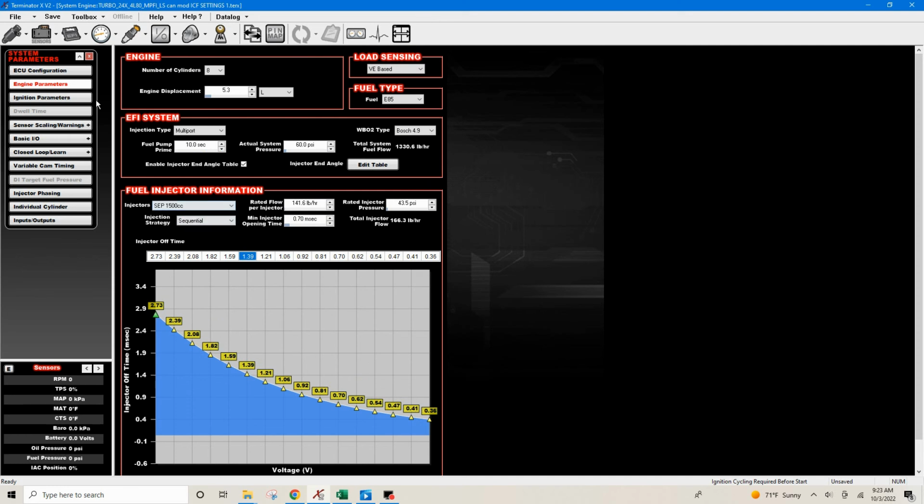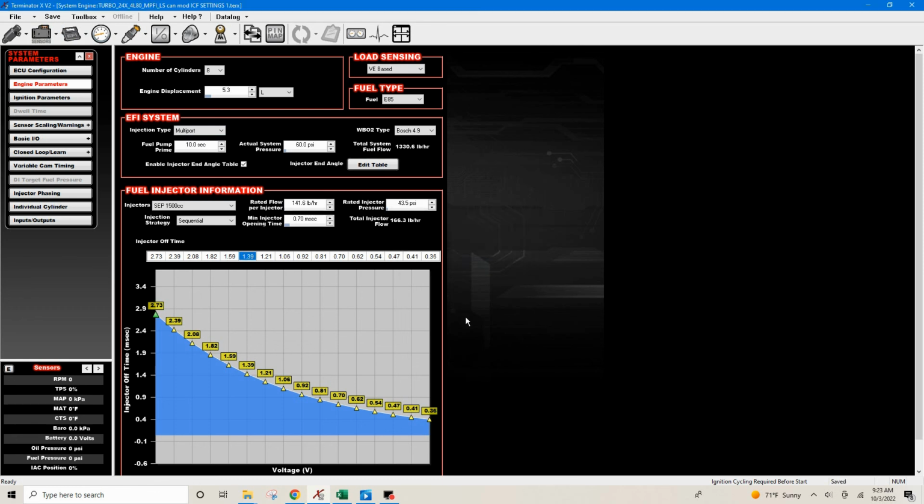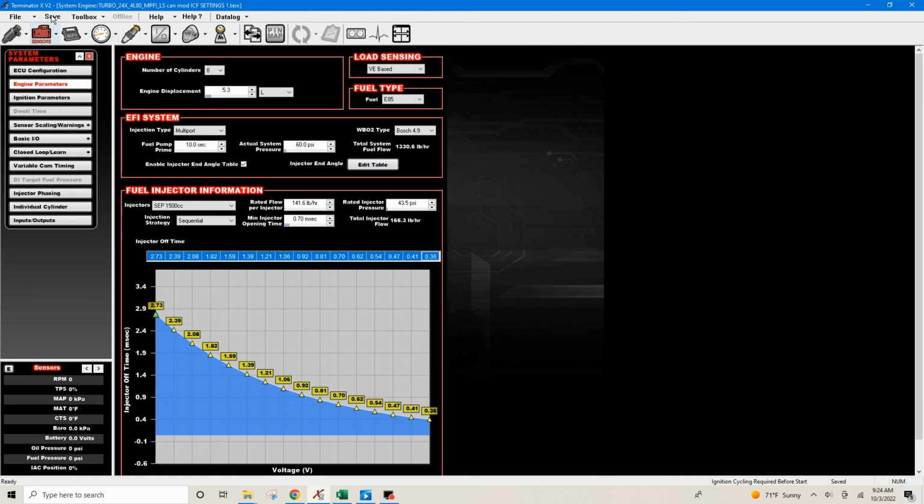Another thing I want to point out too, I'm sorry I forgot to say this, but once you enter all this information, we always want to come up here and save the information. Anytime you enter any type of information into the system, you either want to do a save as, so you know that save global file as, or you just want to go up and hit save.